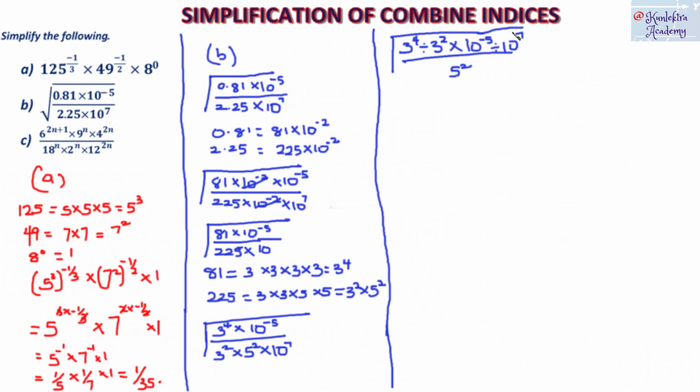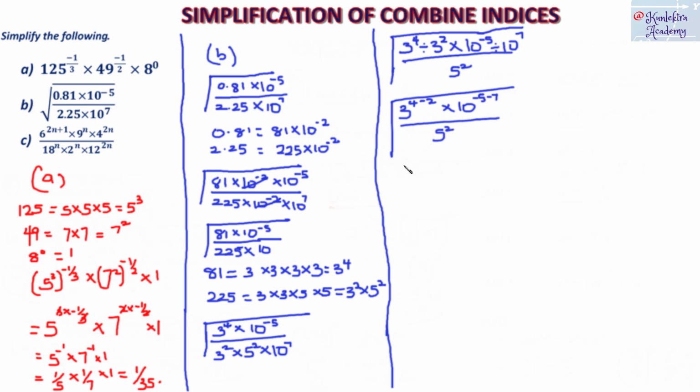Just taking it steadily. Now, from the law of indices, you have this: 3 raised to power 4 minus 2 times 10 raised to power minus 5 minus 7 over 5 raised to power 2.